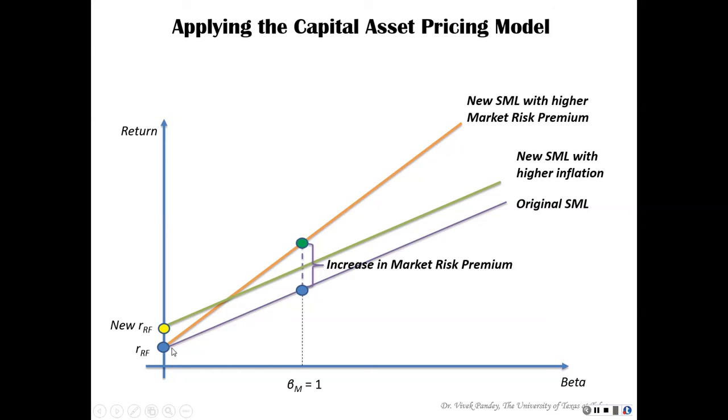And we can see that now all assets, their returns will rise, but assets with higher risk premium will have to offer much higher return, right? So the increase is not the same for all assets. Safer assets will see much lesser increase in returns. More risky assets will see a much higher increase in returns.